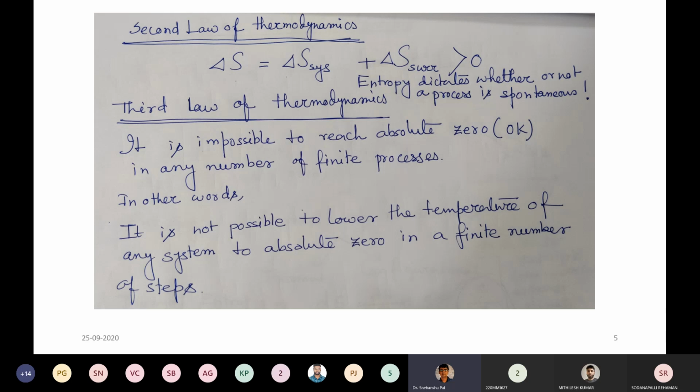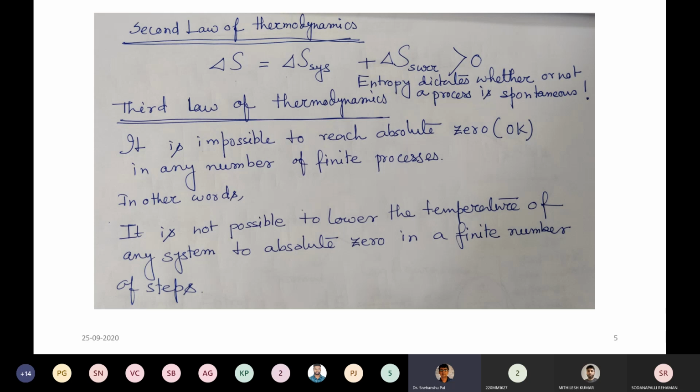So it talks about different things. Start with the process or steps. There is no finite and well-defined process available by which one can reach the temperature of absolute zero. Or you can say that it is impossible to reach absolute zero temperature.